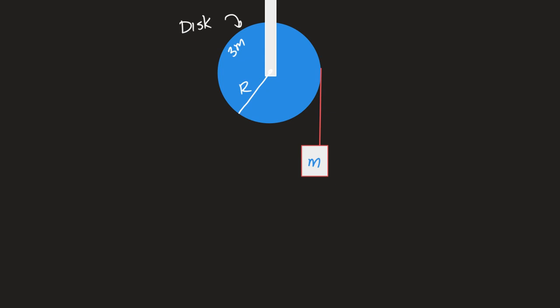Does that make sense? And I've hung a box off of it. The pulley has mass 3m, radius r, and is a disc. The box has mass m. I release the box. Would you agree that the box probably goes downwards? And would you agree that the pulley probably spins? Can we all agree that they probably are related?